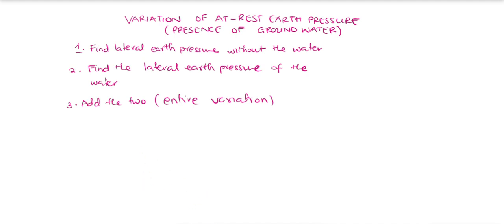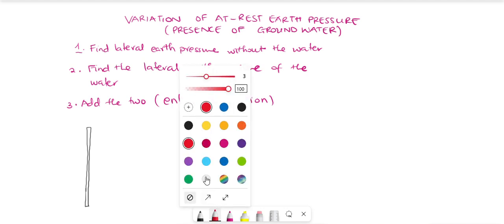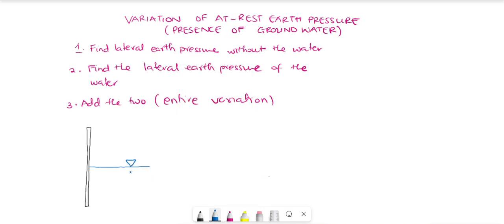So assuming this is my retaining wall, and this is the water table. Let me use a blue color to indicate the water table. So this is my water table here. This is my soil ground surface.